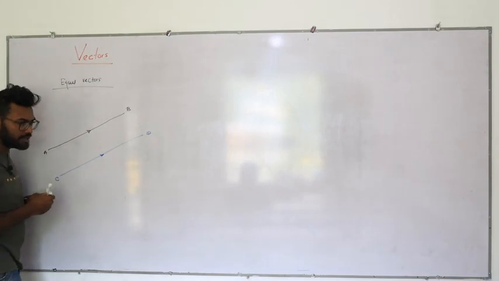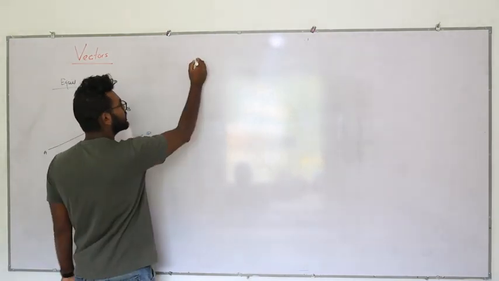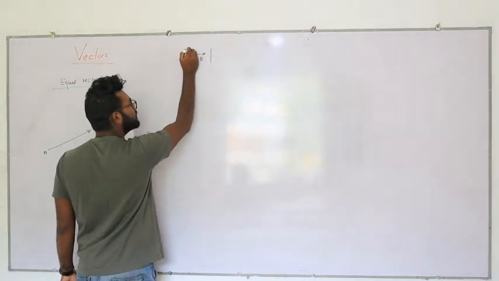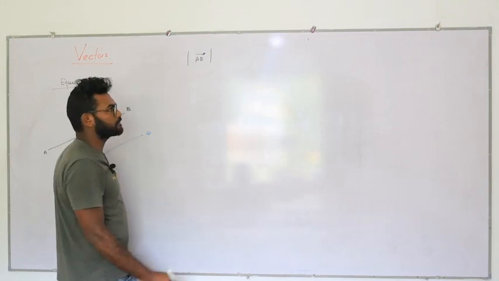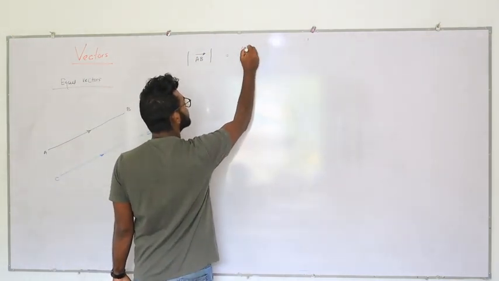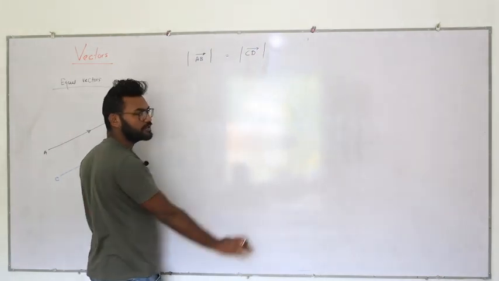How can you represent this? We are only considering the magnitude, so the AB vector with modulus. This stands for the magnitude of the AB vector is equal to the magnitude of the CD vector.